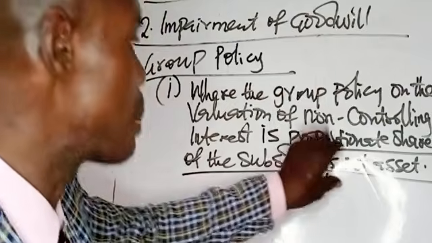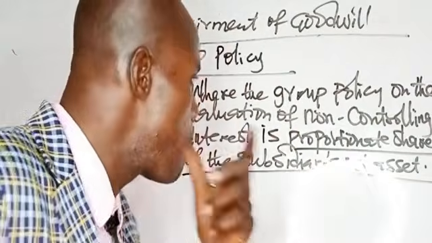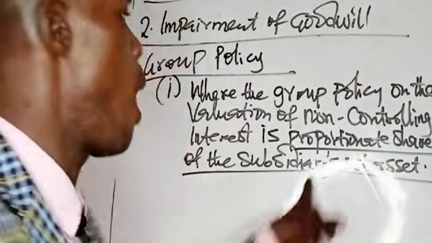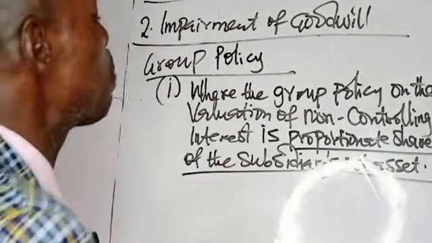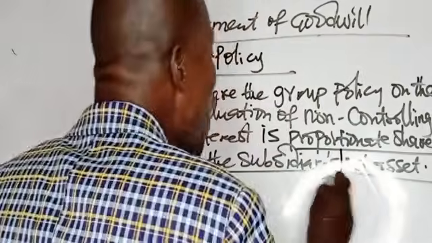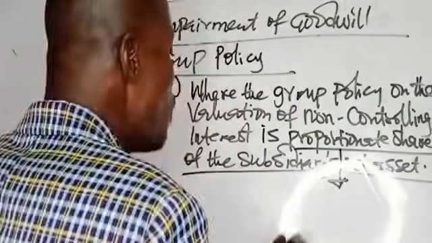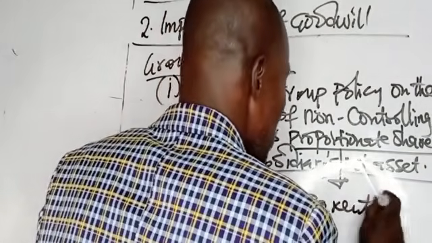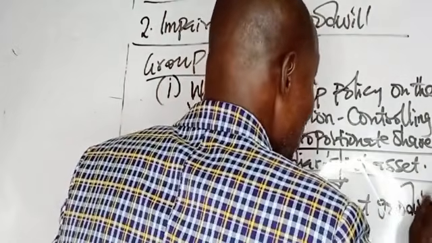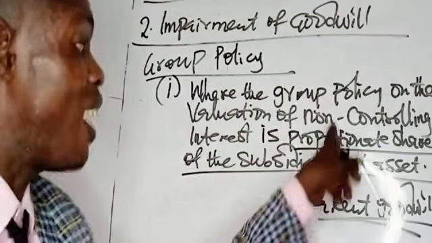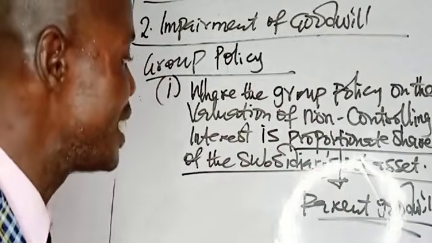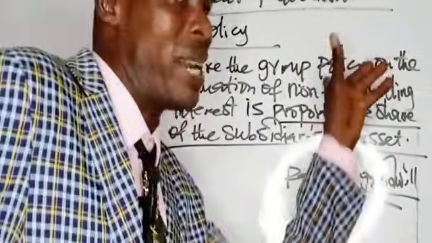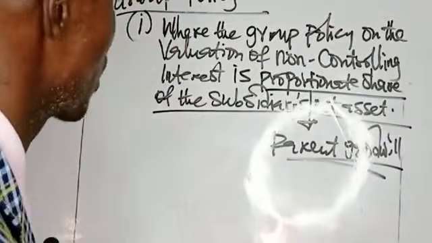Remember, this method can also be called the partial goodwill method or old method. It is the partial goodwill method because it recognizes goodwill to the parent only. So the goodwill calculated under this policy is attributable to the parent company only.